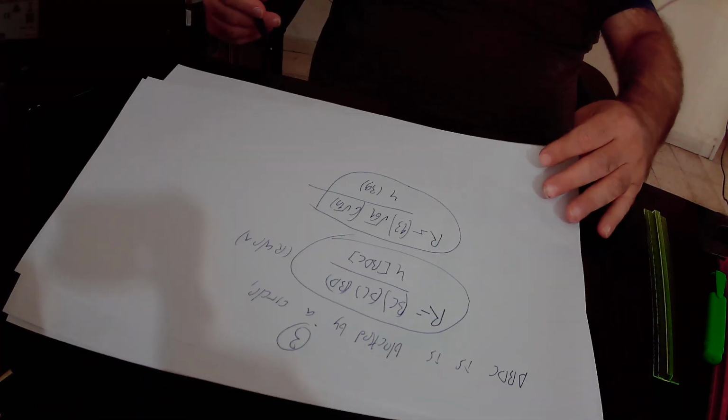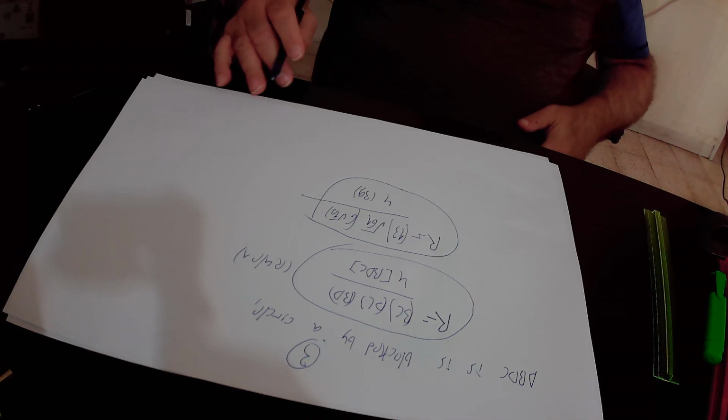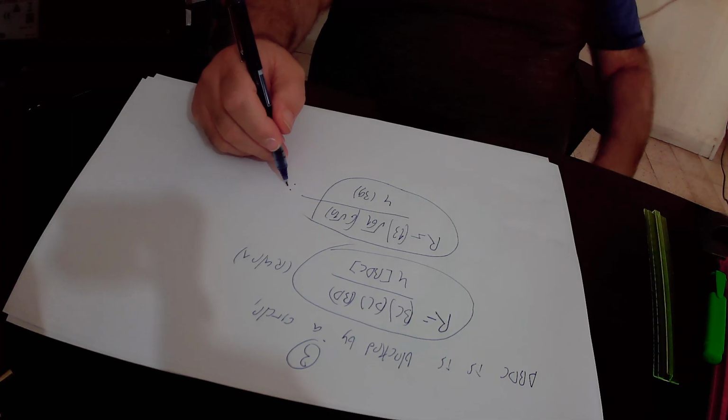So in the next step we will just simplify this expression by dividing both the numerator and the denominator by 13.